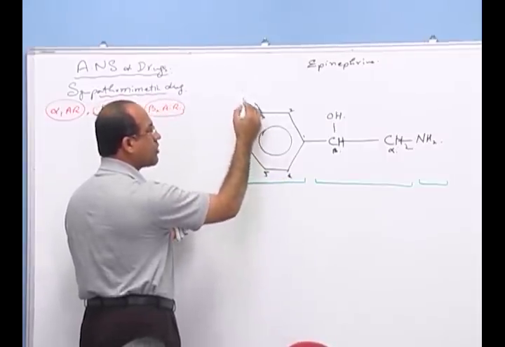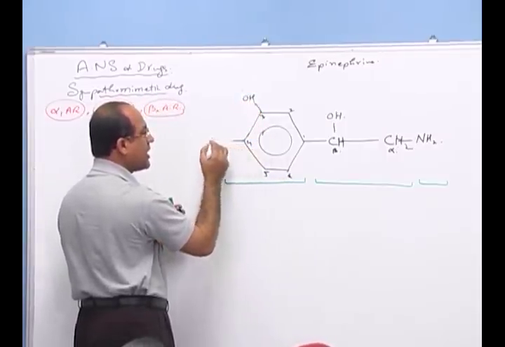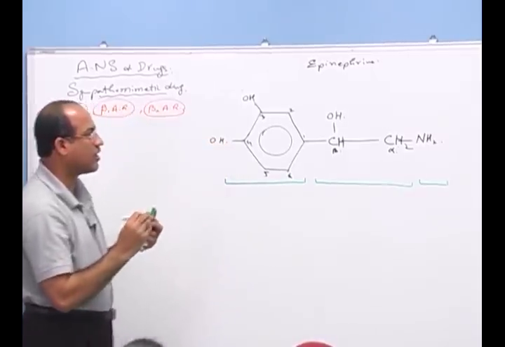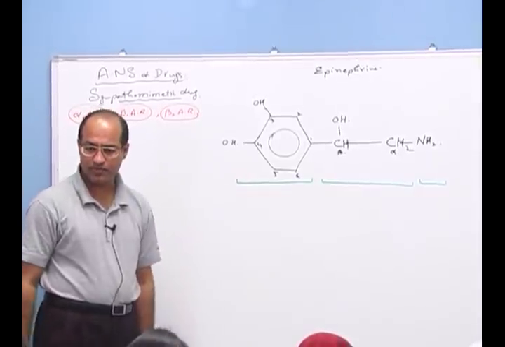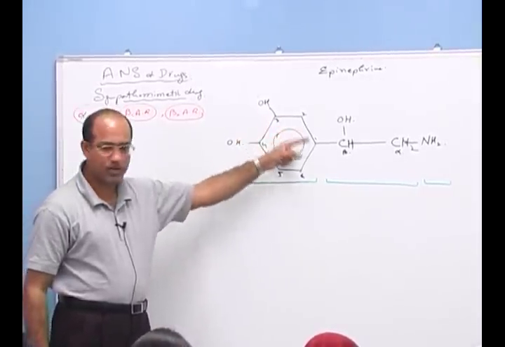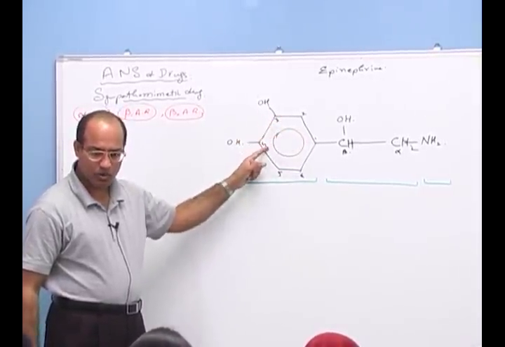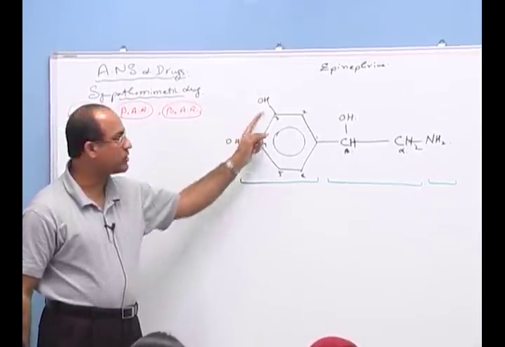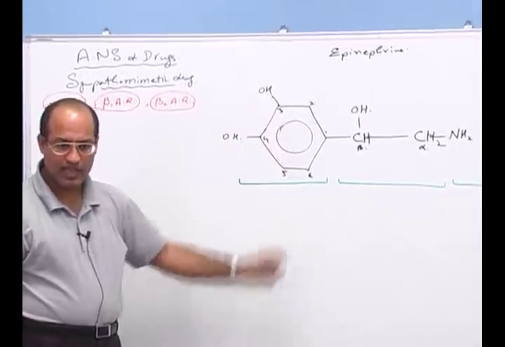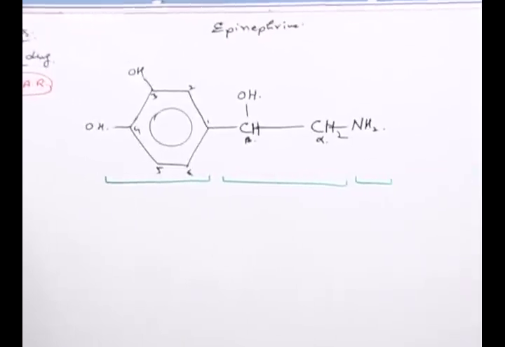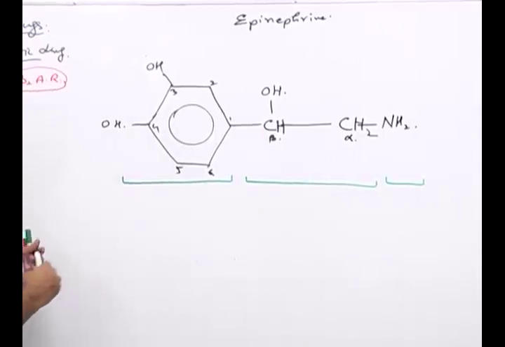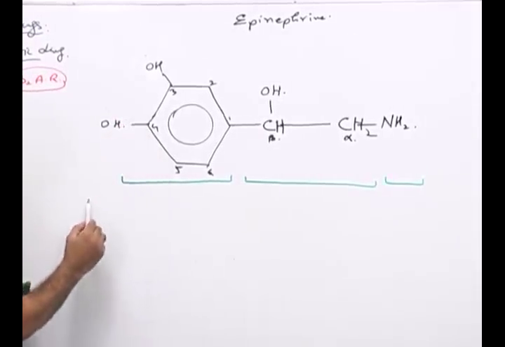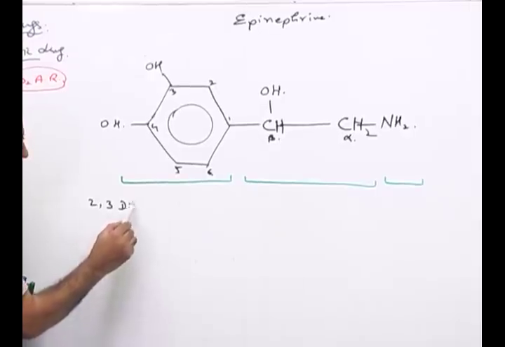If you add a hydroxyl group at carbon number 3 and carbon number 4, now this becomes a 3,4-dihydroxyphenyl group. Such a ring, which is a phenyl ring, has double hydroxylations at positions 3 and 4.